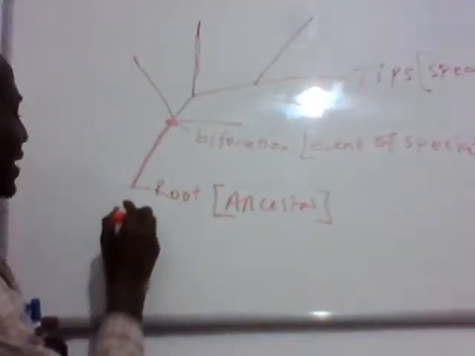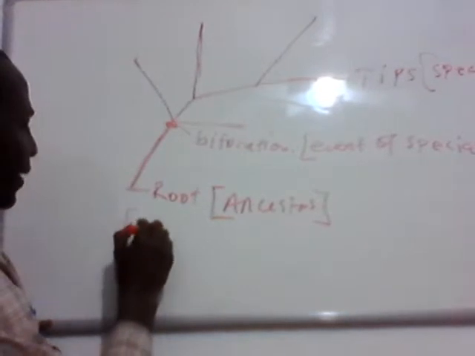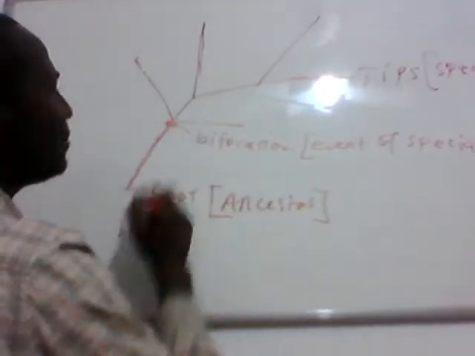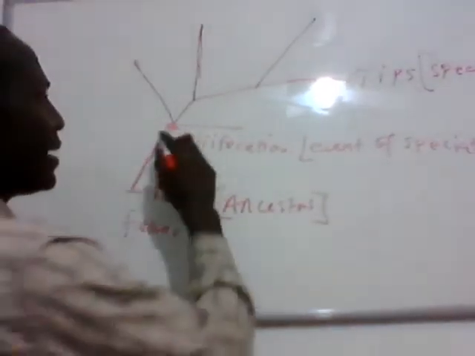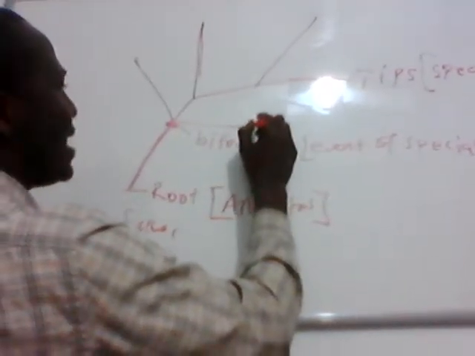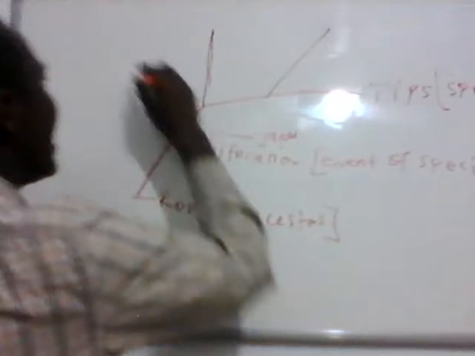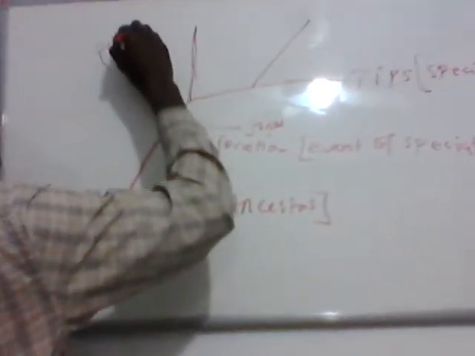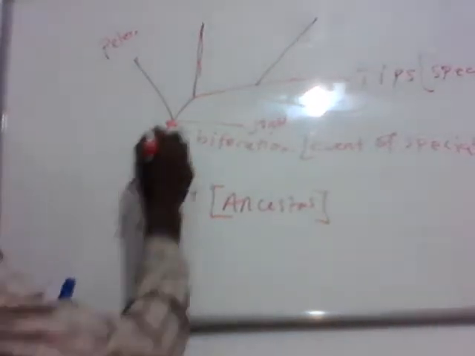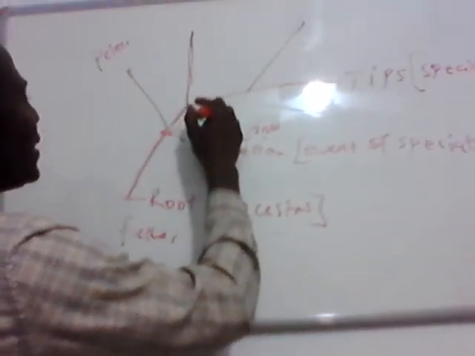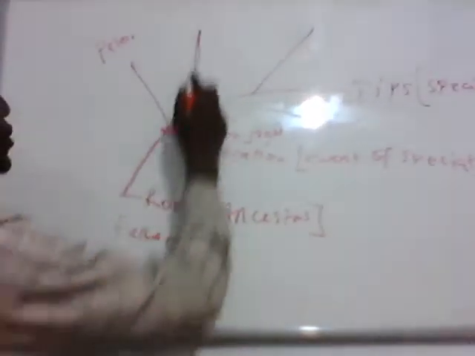Let's say this is the father, and during the course of time it divided into, let's say, John and Peter. Again, it takes from this time to this time for this single lineage to be divided into two different lineages.